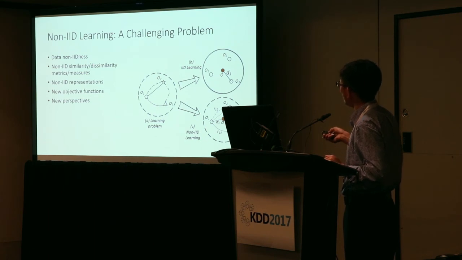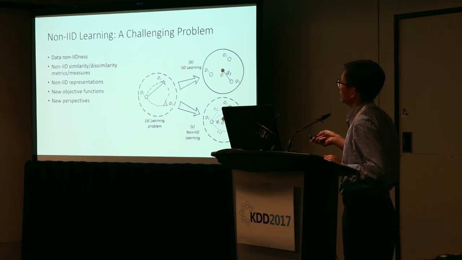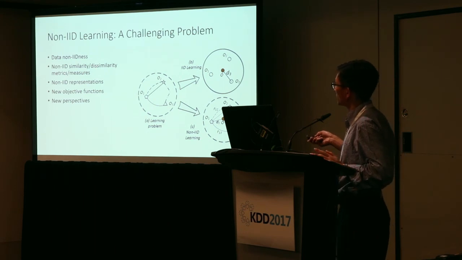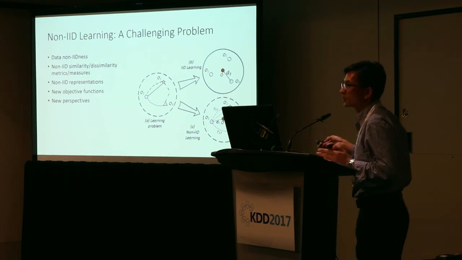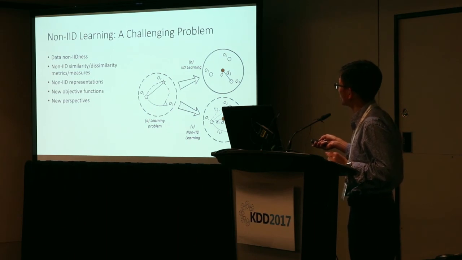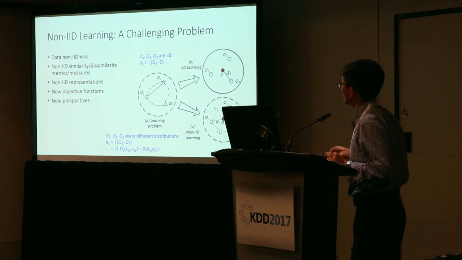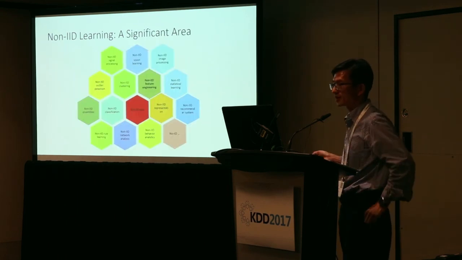So that's basically moving from IID to non-IID. And in doing that, we have to consider the data non-IIDness, we have to consider non-IID similarity and dissimilarity, build the matrix or measure, do the representation and build the objective function, and maybe a lot of perspectives as well. And then the objective function will be different from this one, right? So you have to consider that, right? So that's basically the idea.